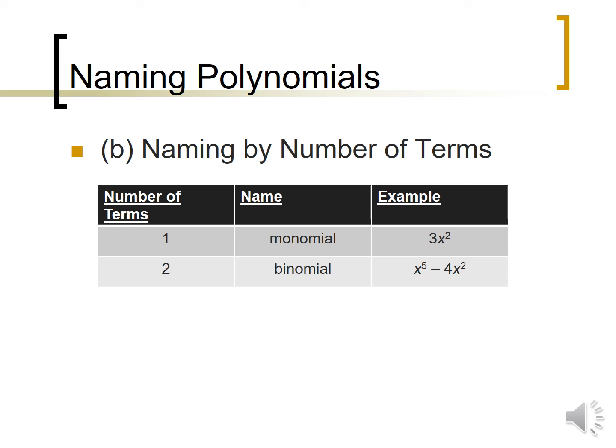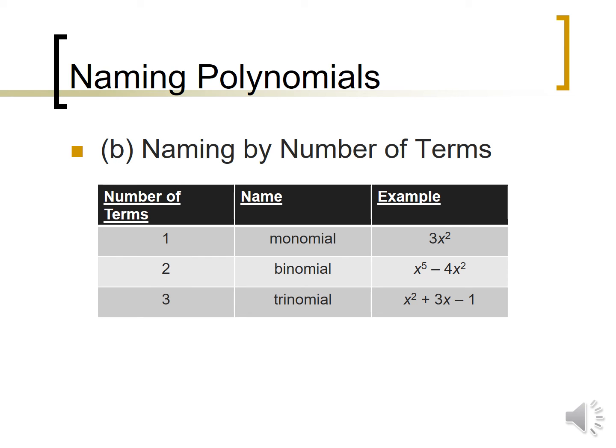Two terms, binomial. X to the fifth minus 4x squared is a binomial. Three terms, trinomial. X squared plus 3x minus 1 is a trinomial.